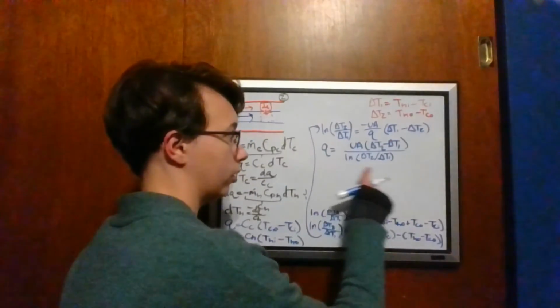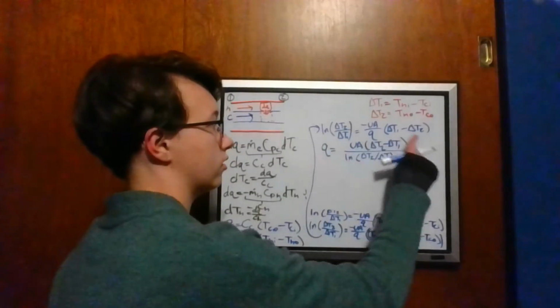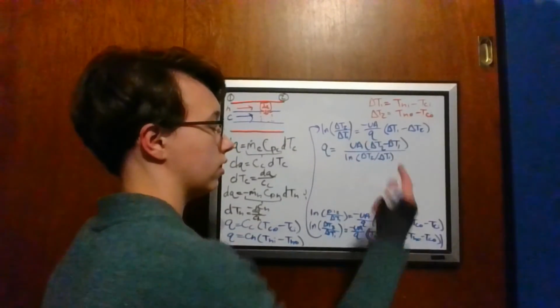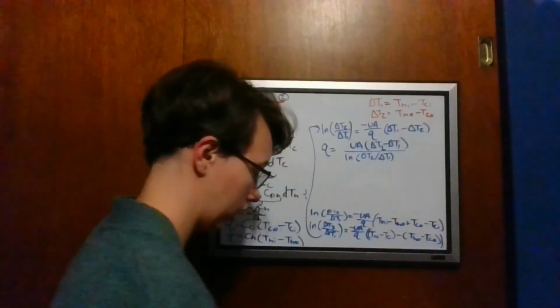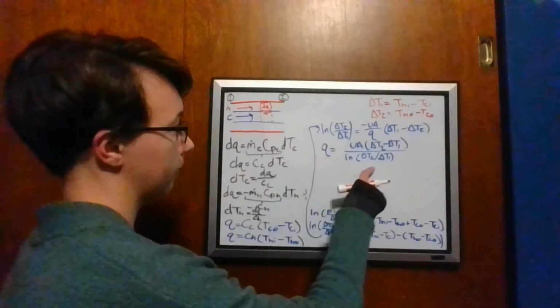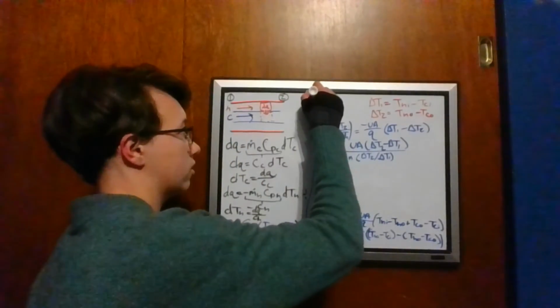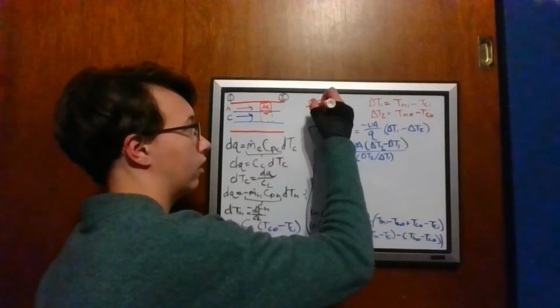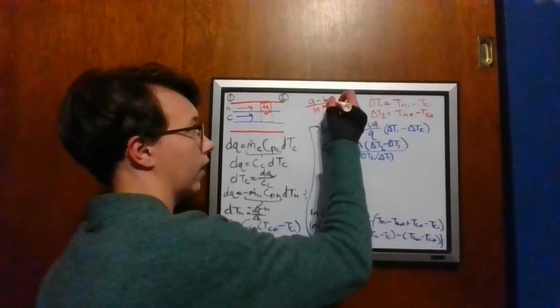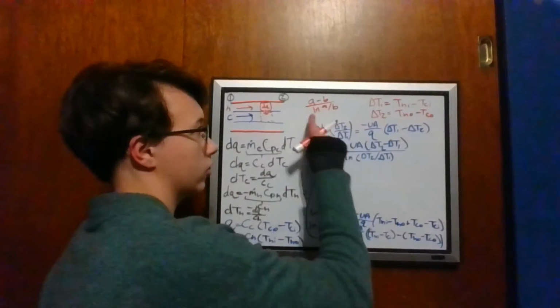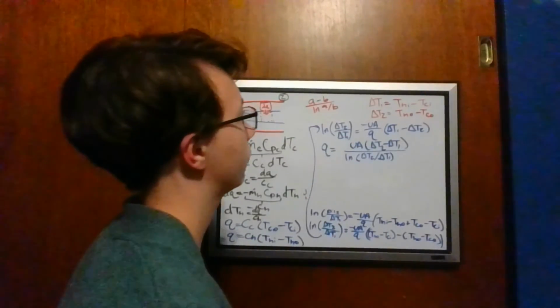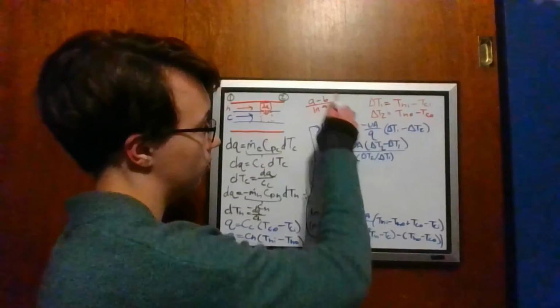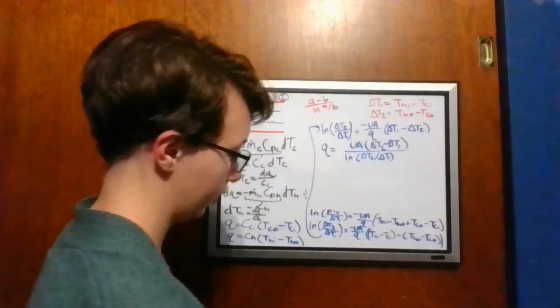So at this point, you might notice that this portion right here with the T2s and the T1s is actually a logarithmic mean. The logarithmic mean is just the general form A minus B over the natural log of A over B. You can see that's the format we've got here, where A is delta T2 and B is delta T1.